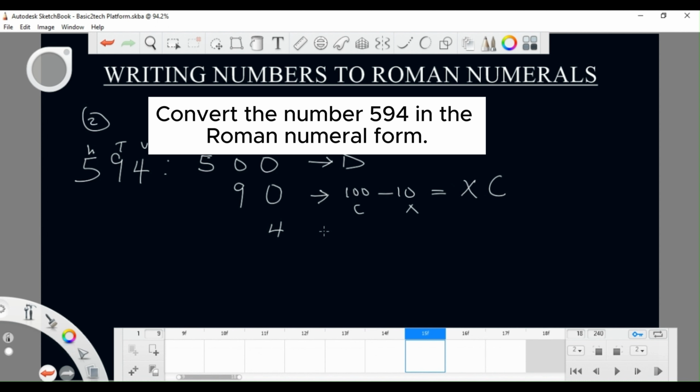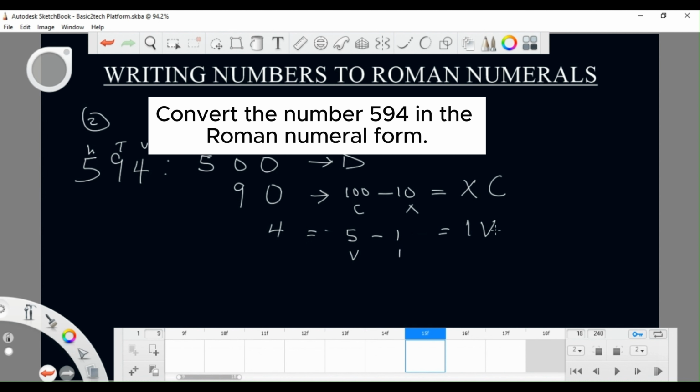So 4 is equal to what? 4 is equal to IV. That means we subtract 5 minus 1. 1 is I, 5 is V. If we are subtracting, the small symbol comes before the large symbol.